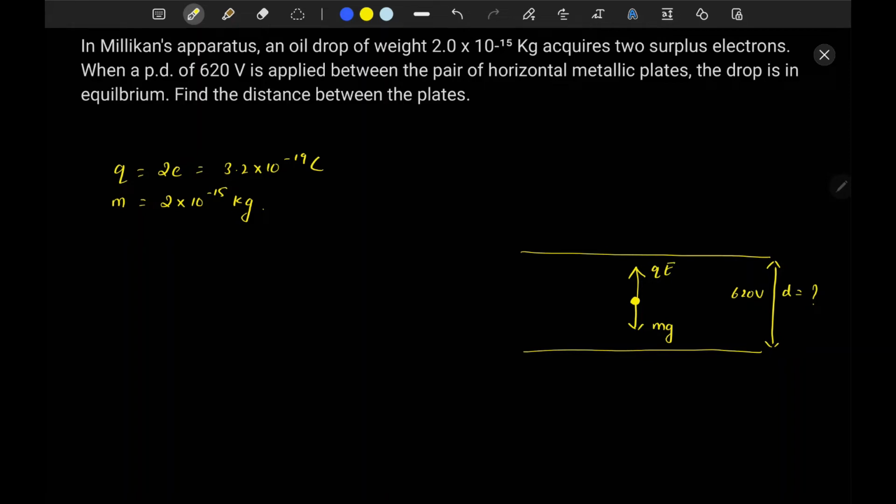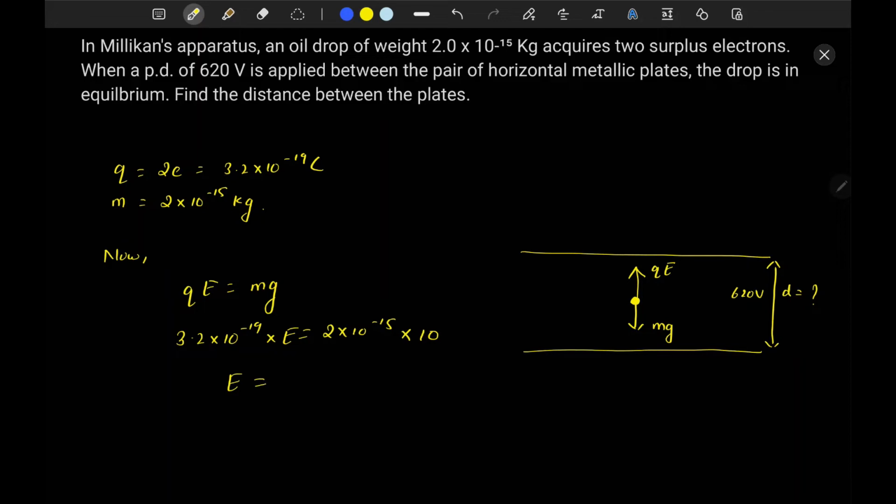So at equilibrium, the two forces are equal, that is QE is equal to mg. So from here we can calculate the electric field: 3.2 into 10 power minus 19 into E is equal to 2 into 10 power minus 15 into 10.